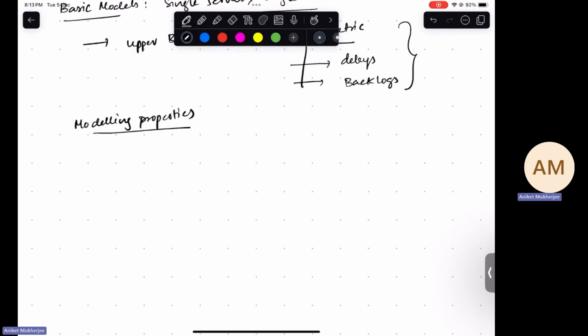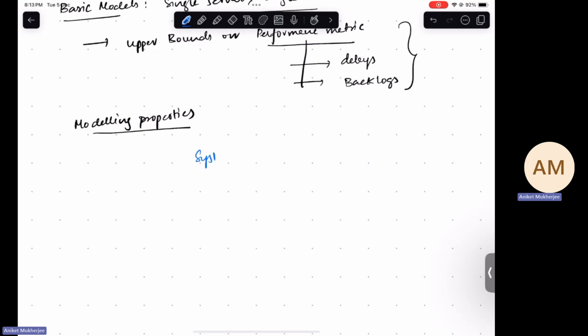Before going into modeling properties, let's see. You have a system, and the system will have some properties. Suppose capital sigma is a real system. This real system will have real life properties. Based on the real life system, you come up with a theory.